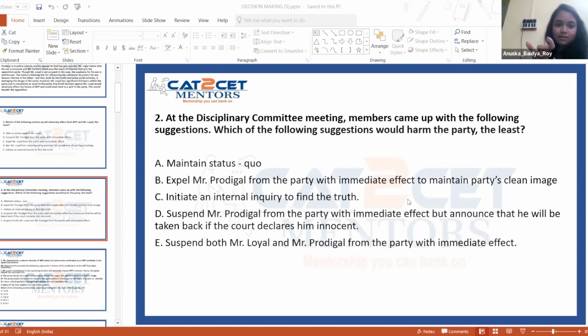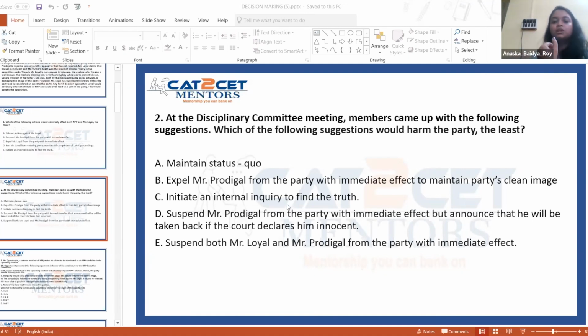This is an irrelevant option because nothing is actually being done for the party or against the party. Like by maintaining a status quo, there is some harm happening to the party. The party image is getting polluted, but to some level, some harm is being done. Here, this is an absolutely irrelevant option.